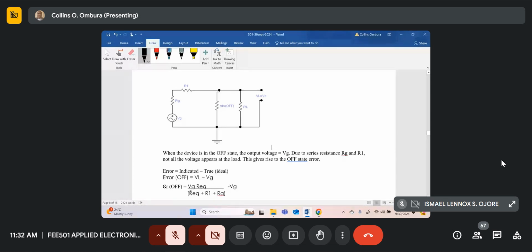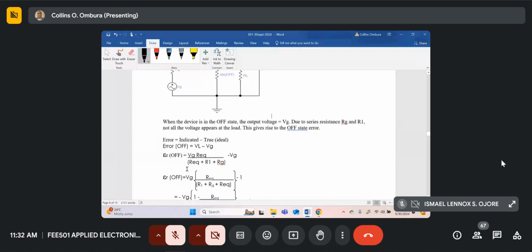Now for the voltage at the output of this circuit, once again, you can combine RDS off and RL and call it R equivalent. So the output will be equal to VG into R equivalent divided by the sum of the resistances RG, R1 plus R equivalent. So I'll put it this way, minus VG for this part over here.